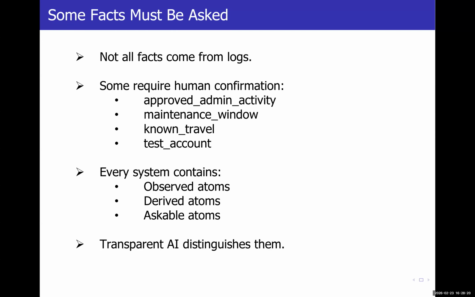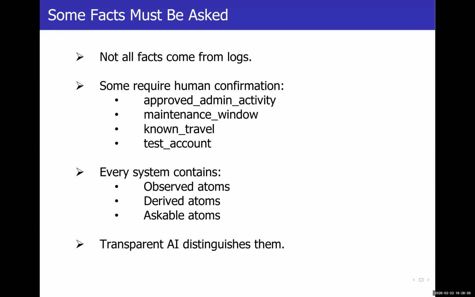Now, not all facts in a detection system come from logs. Some facts require human confirmation. For example, an unusual login might be legitimate if the user is traveling. A large transfer might be authorized if it is part of a scheduled backup.